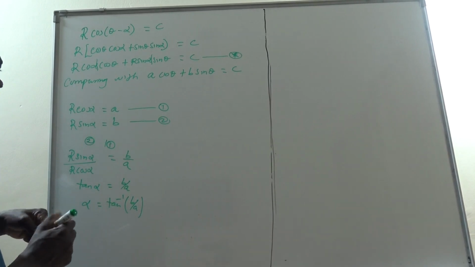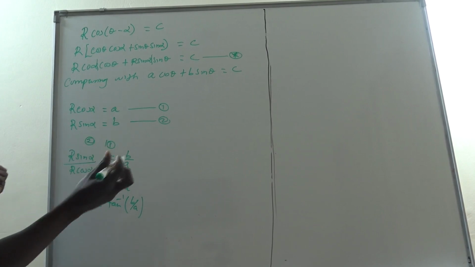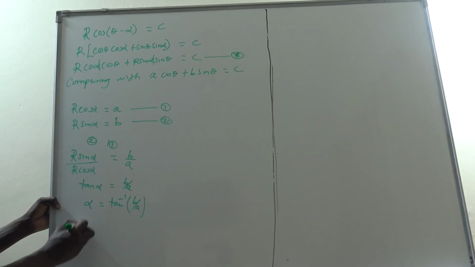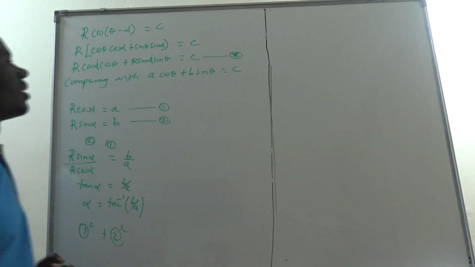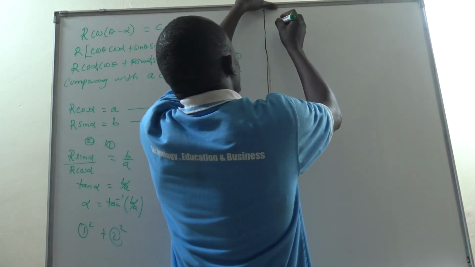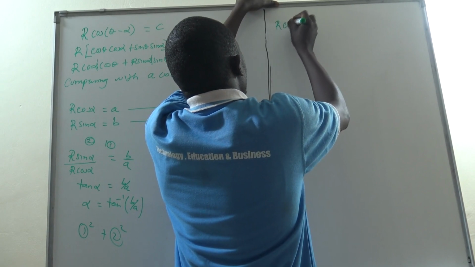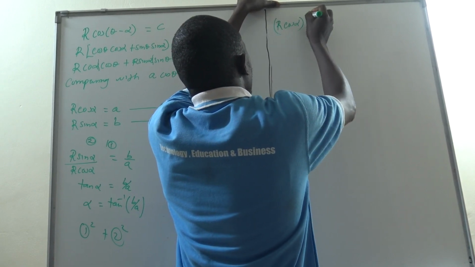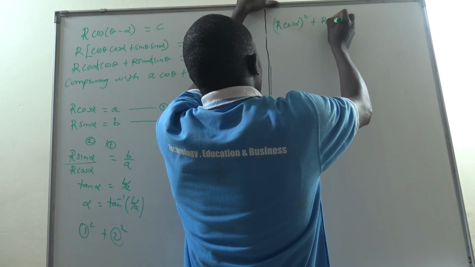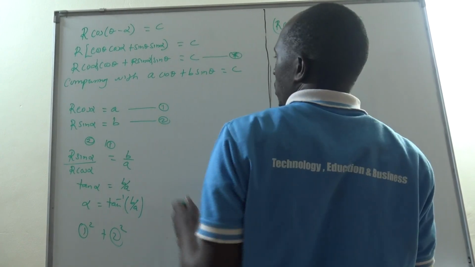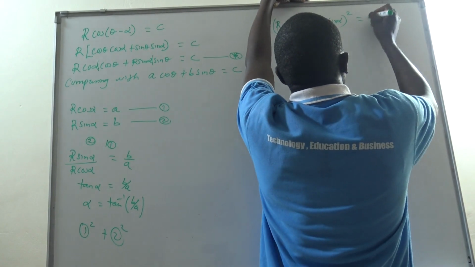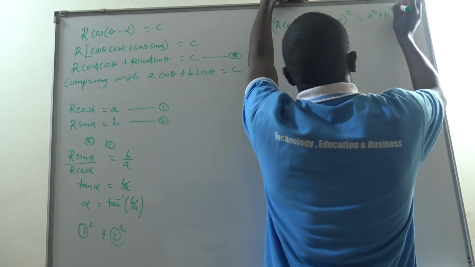Then how can we get r using the other equations? What if we take equation 1 squared plus equation 2 squared? So I have r cos alpha, the whole of it squared, plus r sin alpha, the whole of it squared, equals a squared plus b squared.